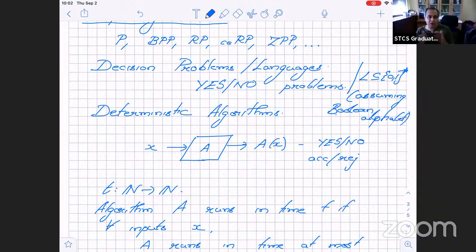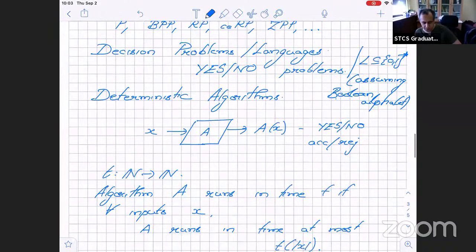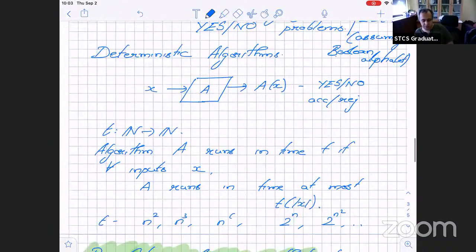What is the language? The language is just the cases on which the problem is yes. Everything else is no.